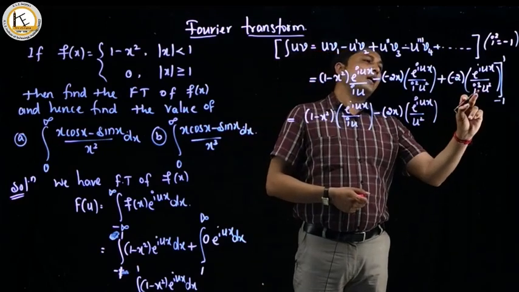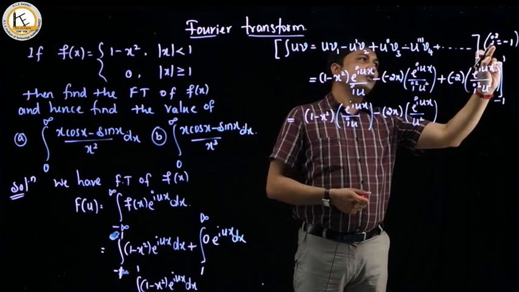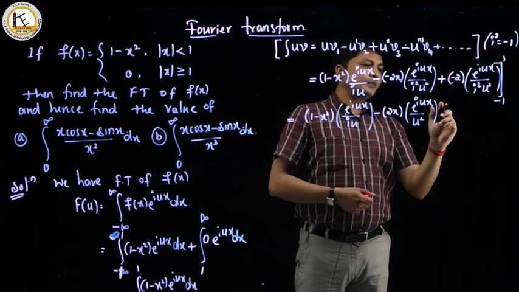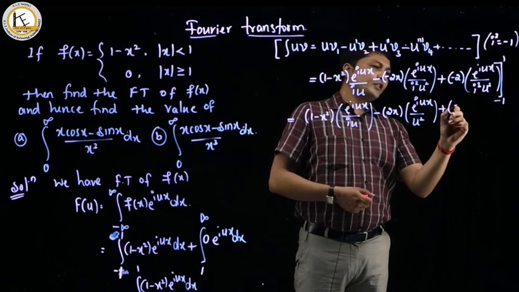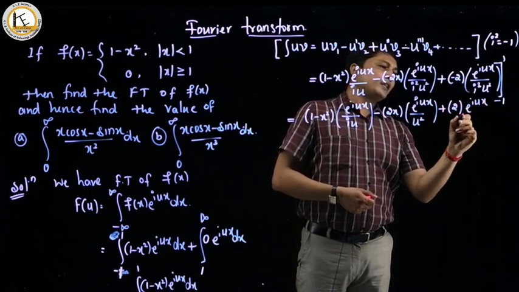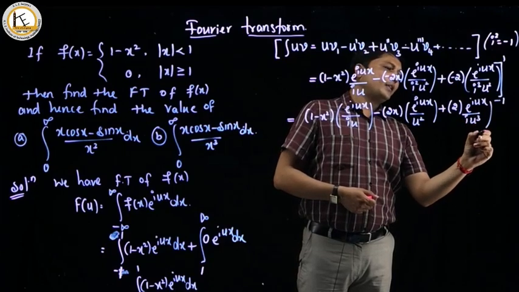Similarly here, i cube is nothing but i square into i. Since i square is minus 1, it becomes minus i. So minus into minus becomes plus here. So it is 2 into e raised to iux divided by i into u cube, applying the limits minus 1 to plus 1.